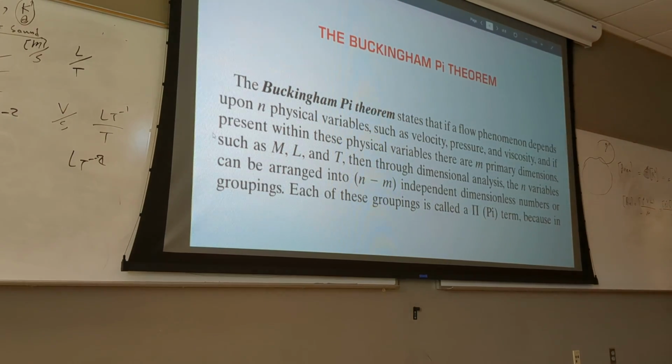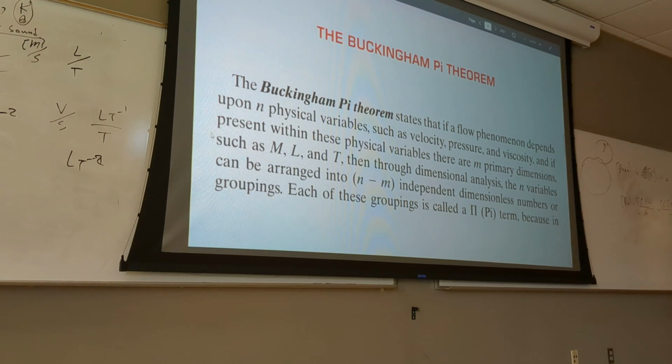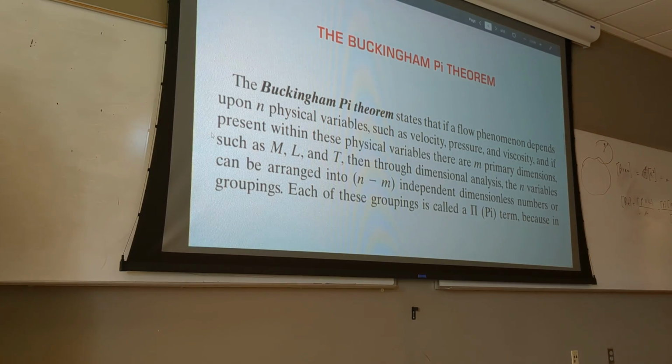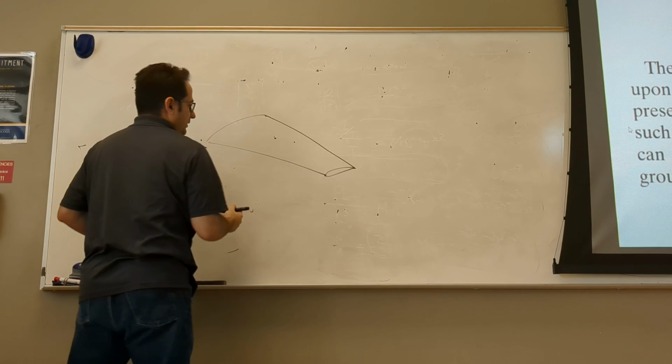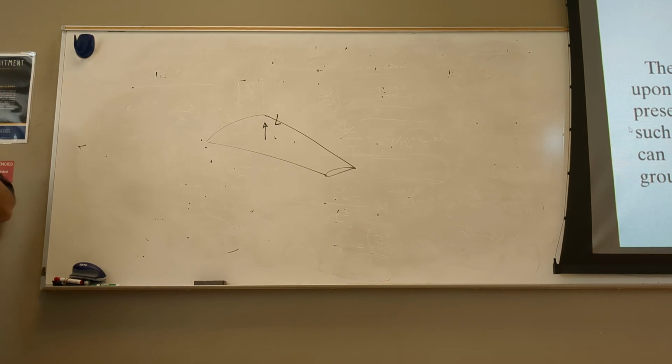Now, the Buckingham Pi theorem says that if you have n number of physical quantities, so let's say I have one problem, let's say you have a wing, this is the wing of an aircraft, and we want to find the amount of lift generated by this wing.